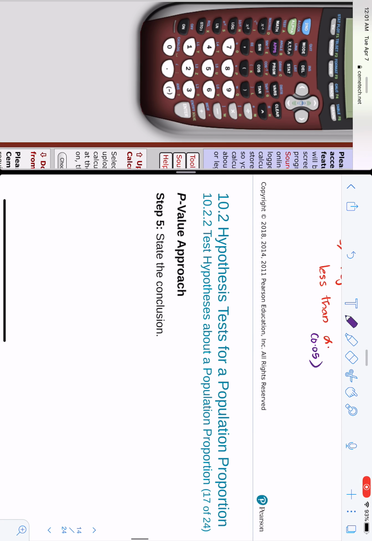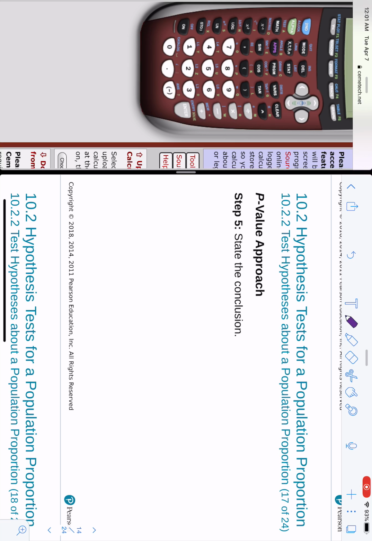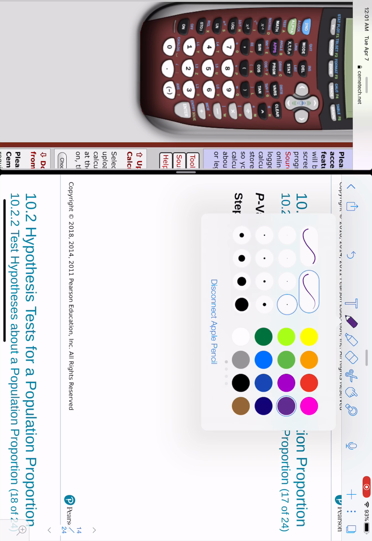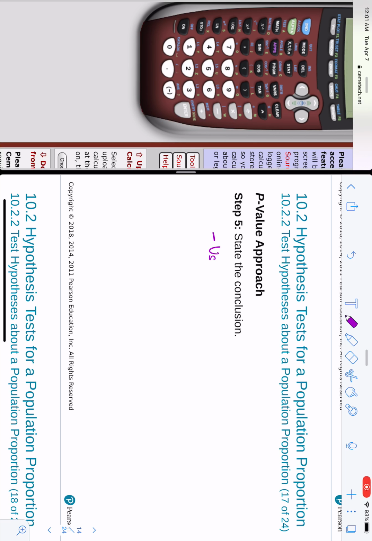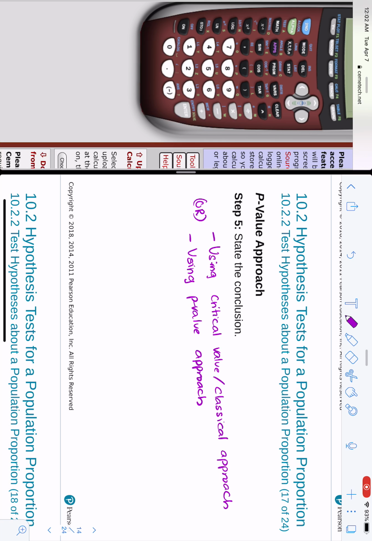So once we establish either using the critical value or classical approach, or using the p-value approach, we come to a conclusion.